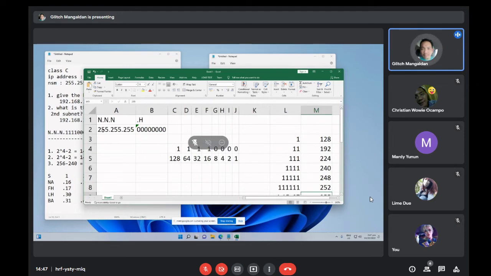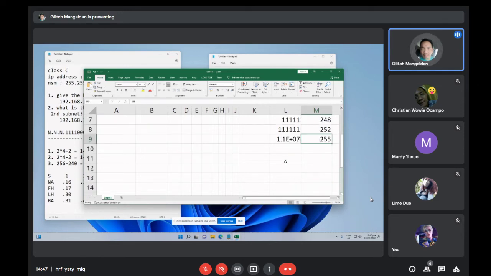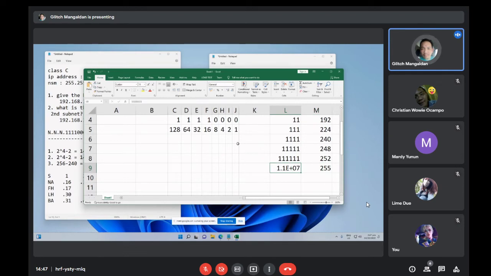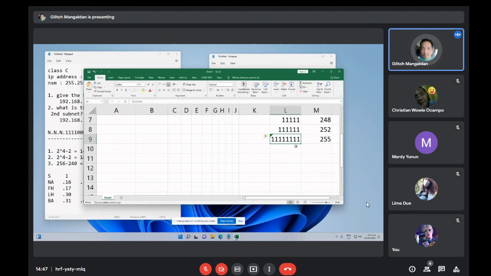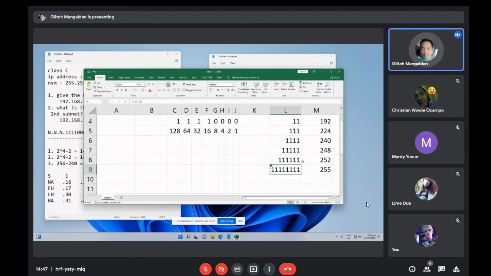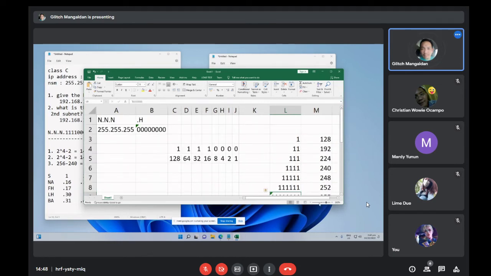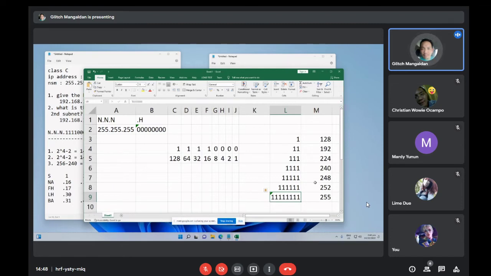Kaya ito, yung 255 dito, it means walong 1 ang ibig sabihin yan. Ito lang yung pinapatandaan ko sa inyo, para hindi na tayo nagtatanong.